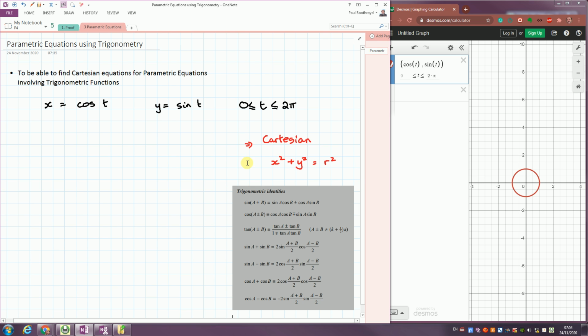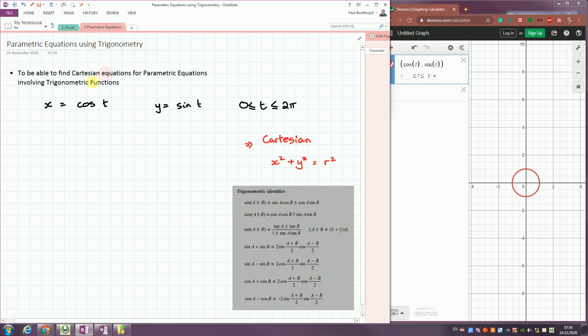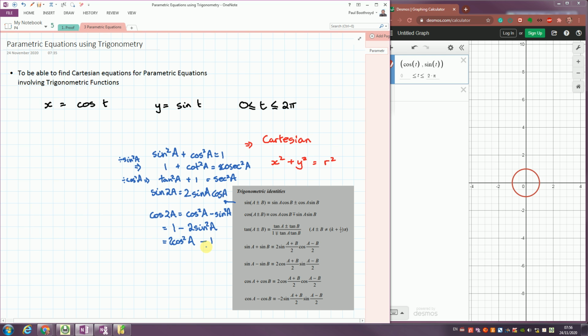Remember, you've got to quickly look at what's relevant and remember what all the trig identities are. I'm just going to put them in here now. They're things you need to recognise and be able to work out where they come from. Okay, so they're the main trig identities we need to work with to form Cartesian equations.